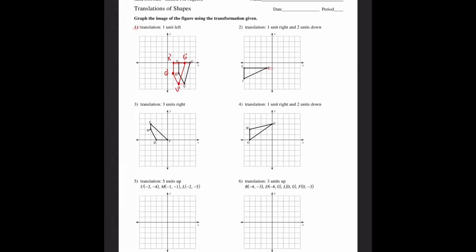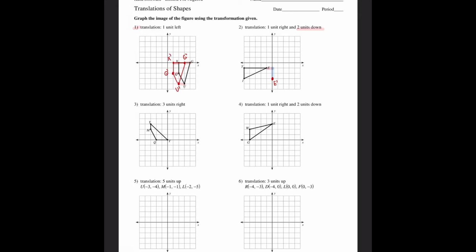But I also need to move this 2 units down, okay? So my 2 units down would be from here, 1, 2. So my new point for E would be right here. Do you see how I moved 1 unit to the right and 2 units down? In pink is 1 unit to the right, blue is 2 units down. So that is where E prime would lie, okay?